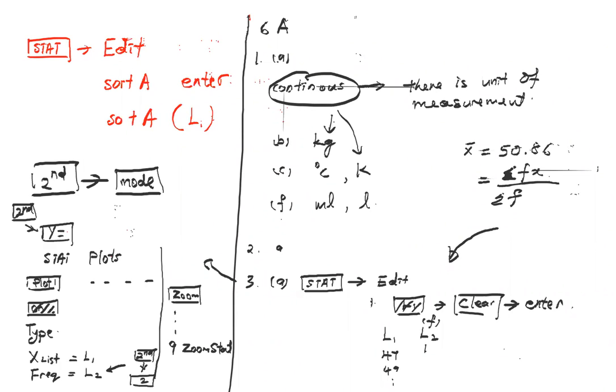Yeah, 50.867. Okay. So if I round up to 3 significant figures, it will be 50.9. So you can get sum of x squared, standard deviation, and so on. So tomorrow I will teach standard deviation.